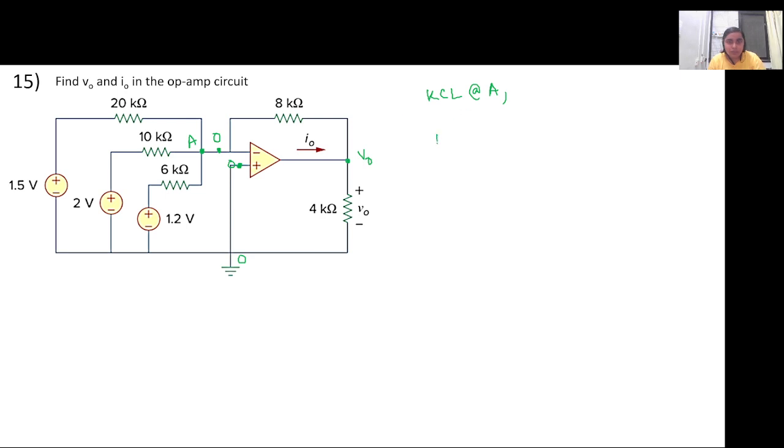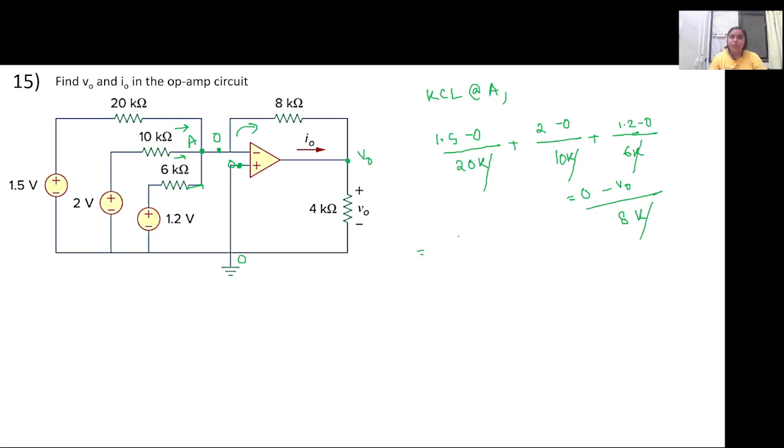So we have (1.5 minus 0) by 20 kilo ohm plus (2 minus 0) by 10 kilo ohm plus (1.2 minus 0) by 6 kilo ohm. All this current in this branch will flow through this branch, right? So this will be equal to (0 minus V naught) by 8 kilo ohm. Now all this 10 to the power minus 3, I'm cancelling.